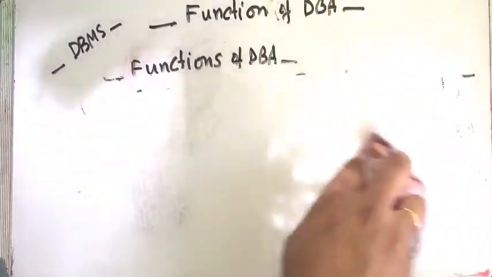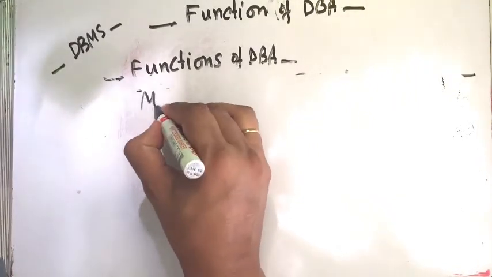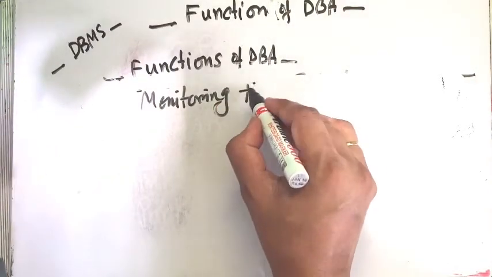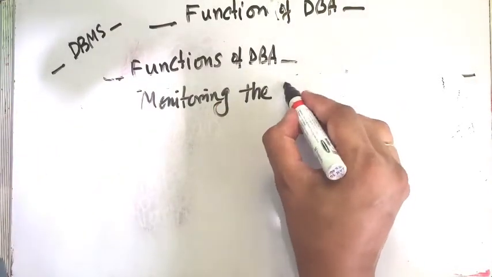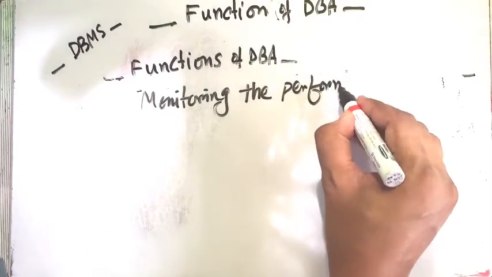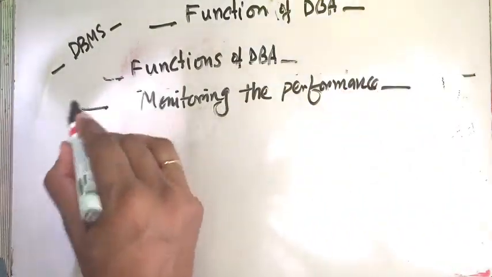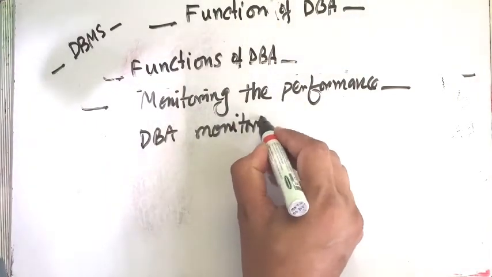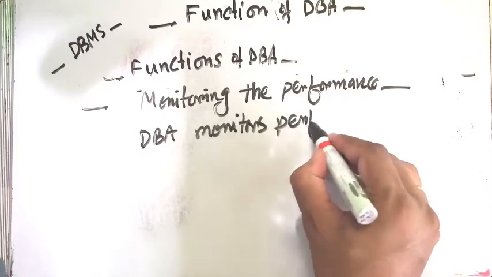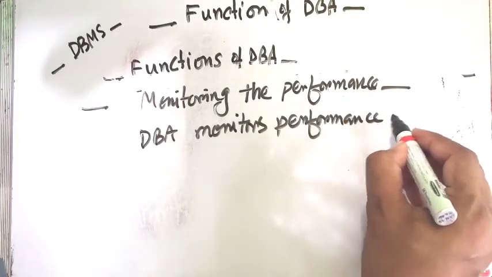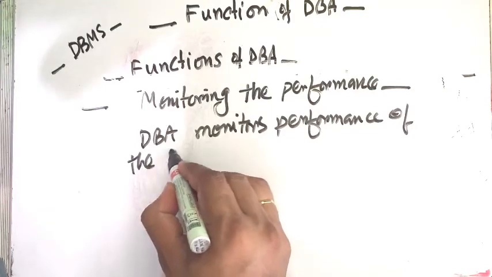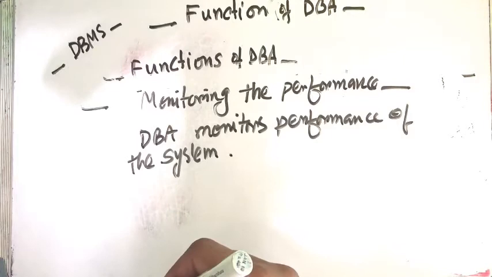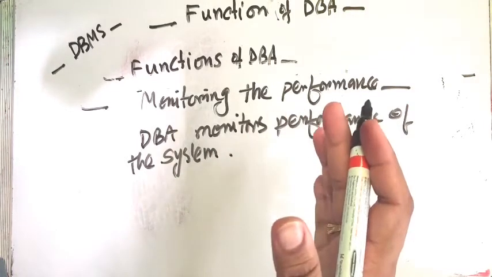Next one, monitoring the performance. DBA has to monitor the performance of the system. DBA decides if any changes are required.